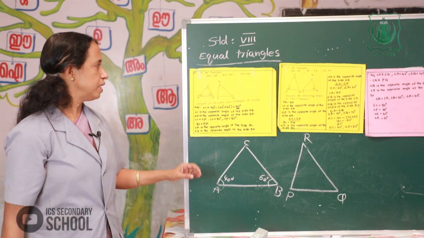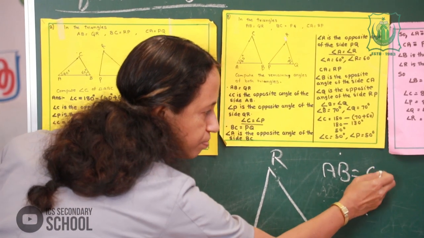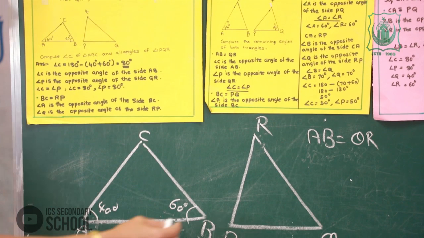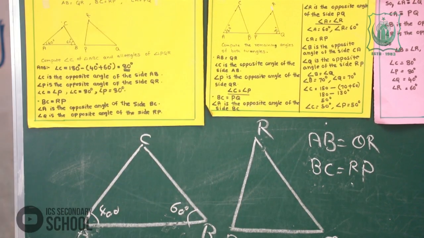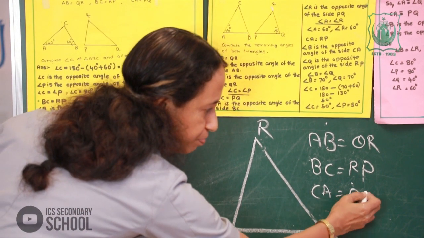Next, triangle PQR. Here AB equal to QR, BC equal to RP, CA equal to PQ.